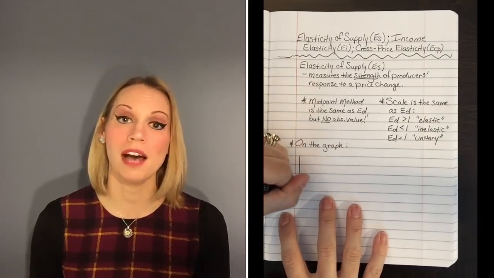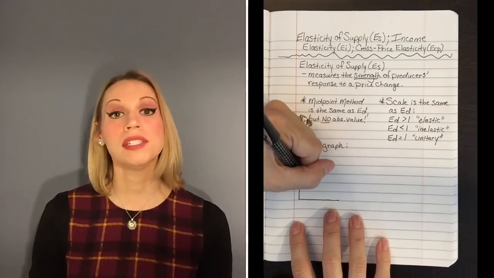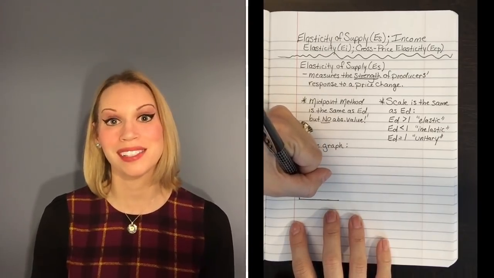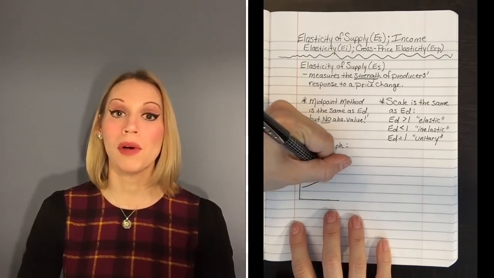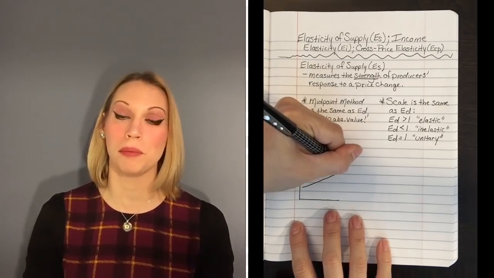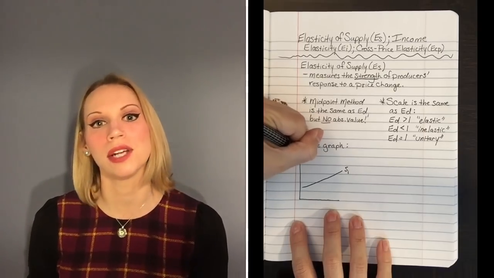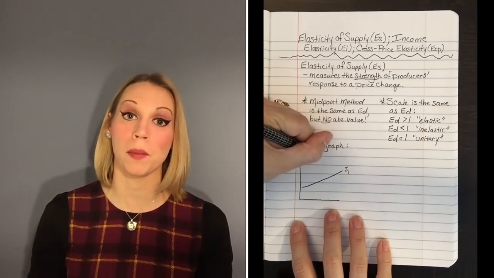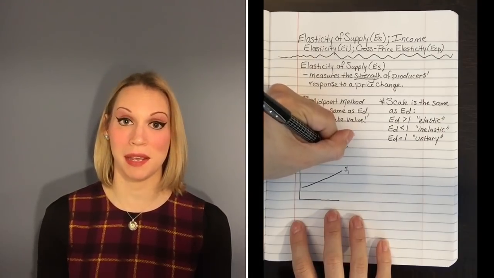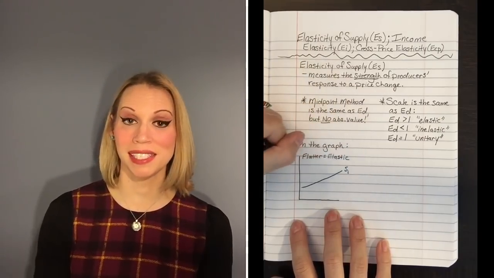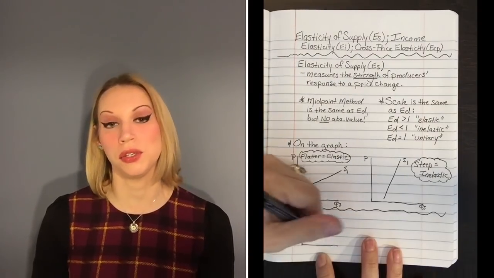So you won't have to do absolute value at the end of your midpoint method because your answer will already be positive. Price on the bottom and quantity supplied on the top will have the same signs. They'll either both be increasing or both be decreasing, so your answer at the end of your midpoint method problem will already be positive. So our scale is still the same. Greater than 1 is elastic, less than 1 is inelastic, and exactly 1 is unitary.